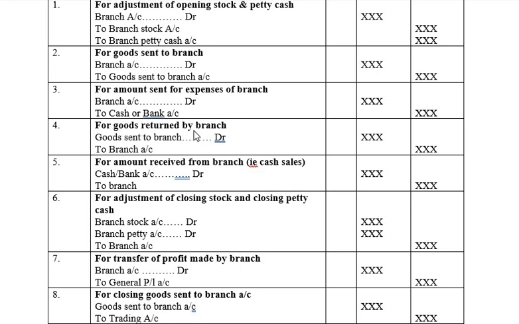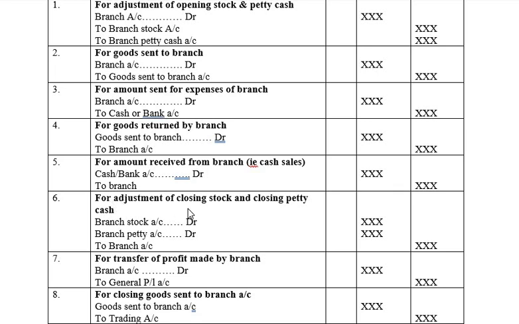For goods returned by branch, goods sent to branch account debit to branch account. For amount received from branch, that is cash sales, the entry is cash or bank account debit to branch account.